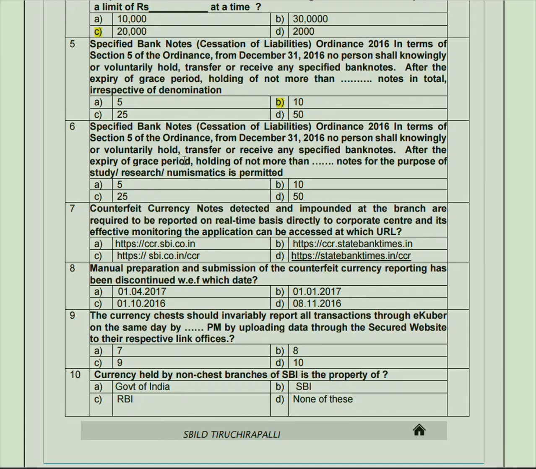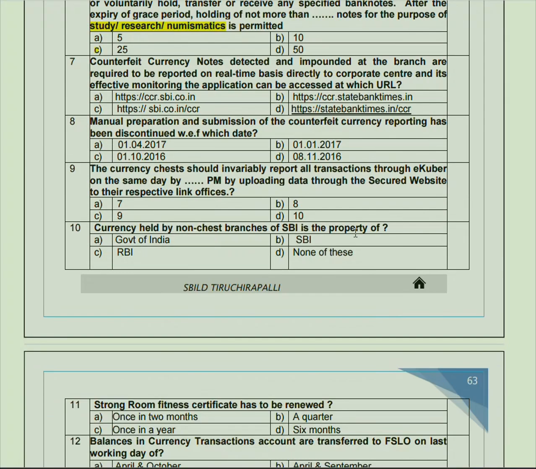After the expiry of grace period, holding of not more than 25 notes for the purpose of study, research, numismatics. So it's C. So if you want to have study, research, numismatics, then 25 is permitted. And in normal circumstances, only 10 are permitted.